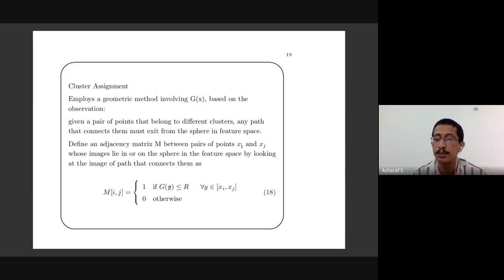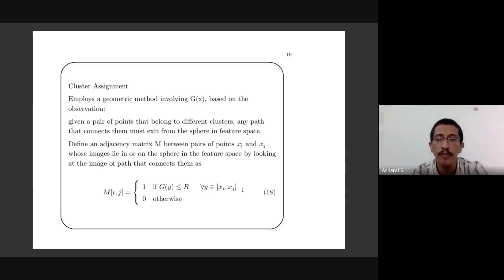And what this adjacency matrix says is, if points i and j in the original data are in the same cluster, you will have one in the adjacency matrix. So ij is connected, jk is connected, which means that ij will have connectivity, jk will have connectivity, kl is not connected, that means that one won't be there.